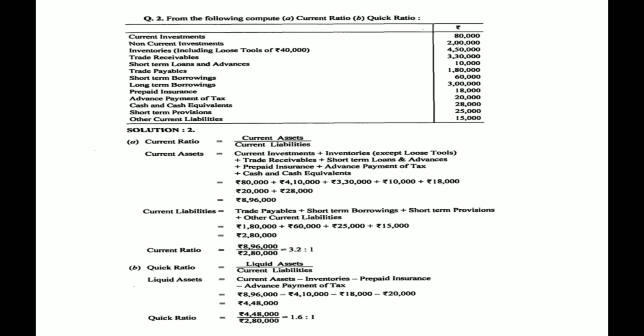So you get liquid assets, and it is divided by current liabilities, already calculated in the first question. So it is 1.6 to 1. So it is good, right? Because the quick ratio is 1.6 to 1 and it is greater than the ideal quick ratio, that is 1 to 1. Okay.